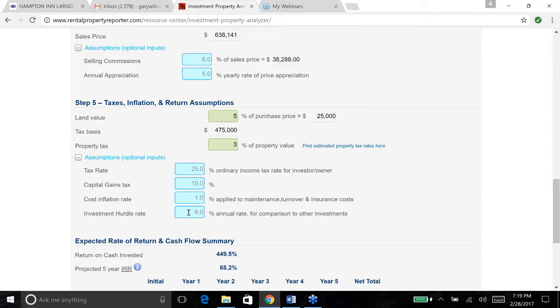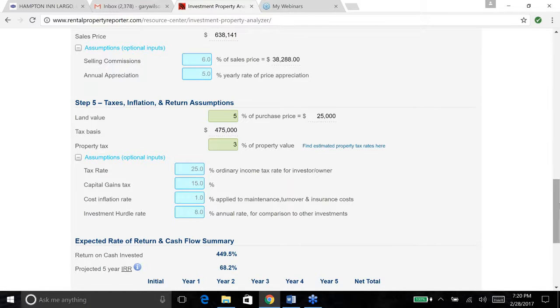All right, so 8%. That's probably pretty good. In other words, what that's saying is, I believe I can get 8% return on average in other investments outside of real estate, stocks, bonds, mutual funds. That's probably realistic. Probably I could do better, but let's just keep it at 8%.